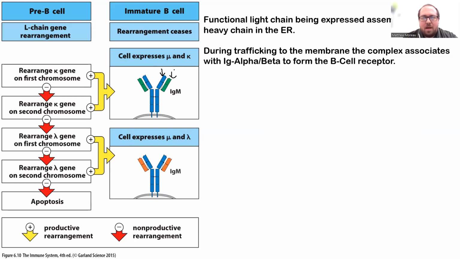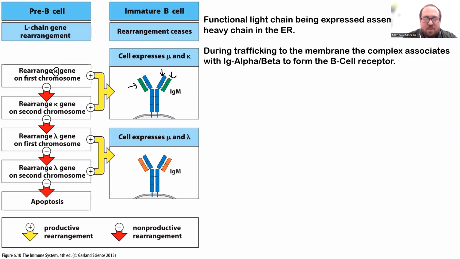And so basically, we get successive rearrangements in kappa that occur, and if it's productive, it results in the production of a kappa-based rearrangement, with respect to a heavy chain and a light chain that is kappa.